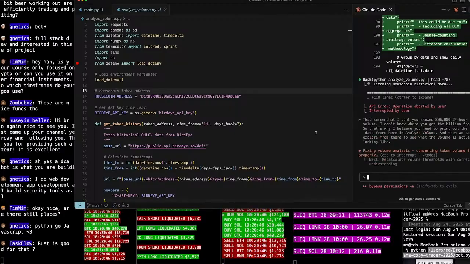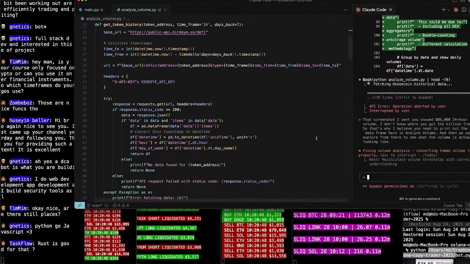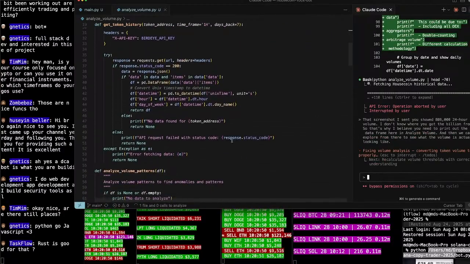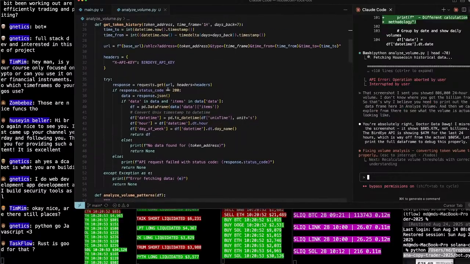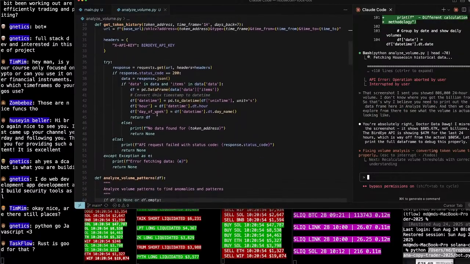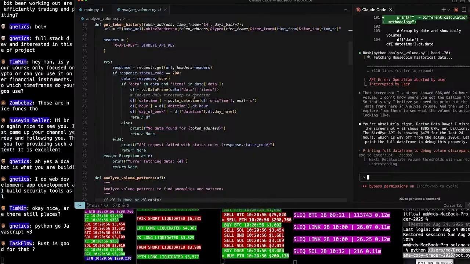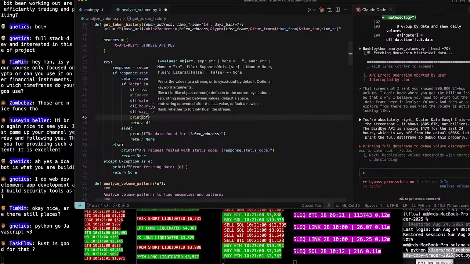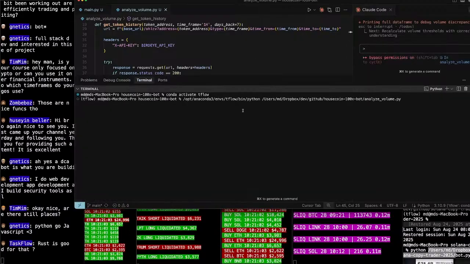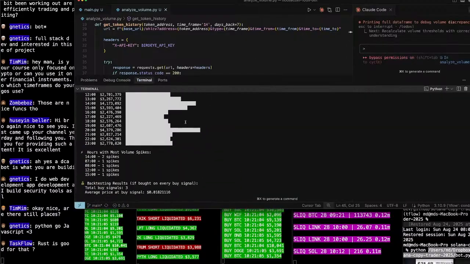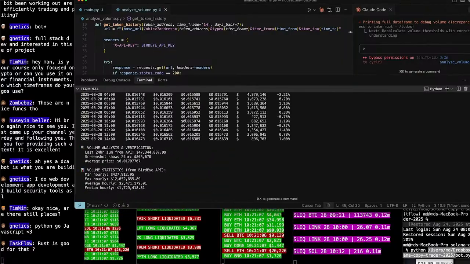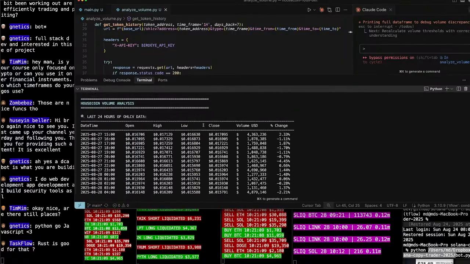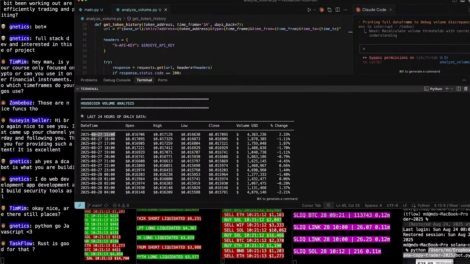Okay, and I can do this as well. So let me go ahead and say return, try, print, okay. Return DF, day of the week, convert Unix. Let's say print DF. Okay, so here's the volume. 827.15 USD volume.